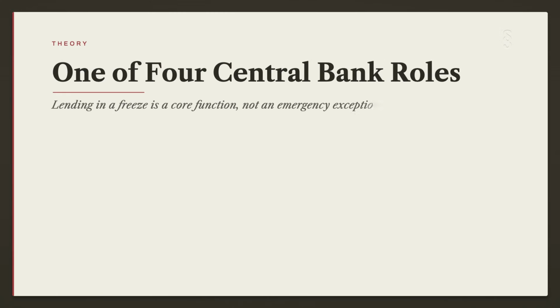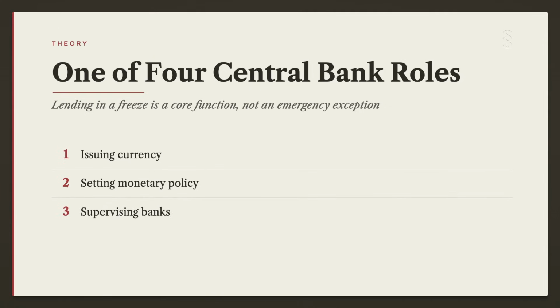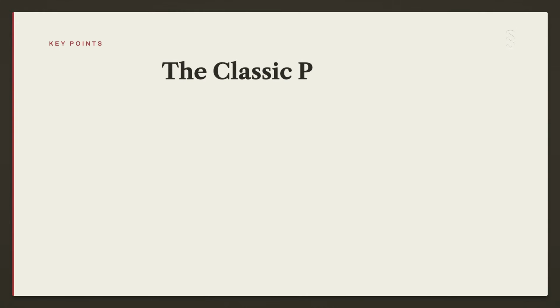Lender of last resort is one of 4 defining central bank roles, alongside issuing currency, setting monetary policy, and supervising banks. When ordinary funding dries up, the central bank steps in, so a temporary liquidity failure doesn't turn into a permanent insolvency. The classic rule is to lend freely against good collateral at a penalty rate.